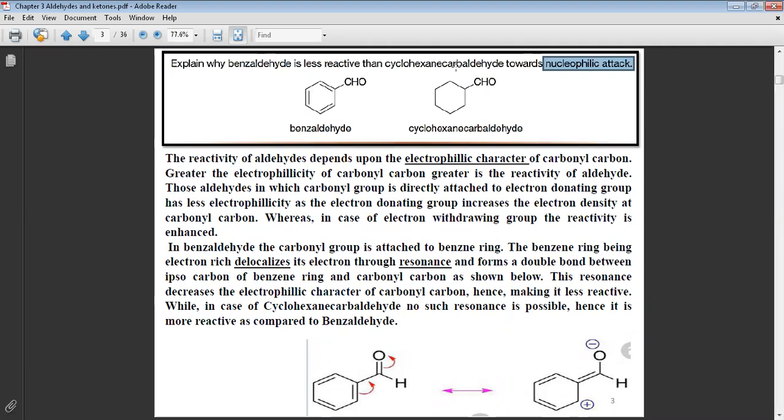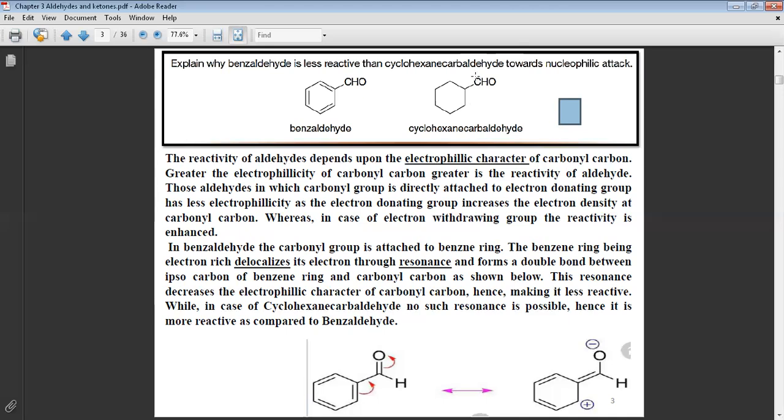And he said the nucleophilic attack here in this equation. If you have a nucleophile here, it will attack any part of this compound. Where's the partially positive? Just this carbon.